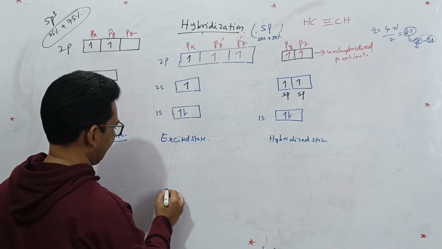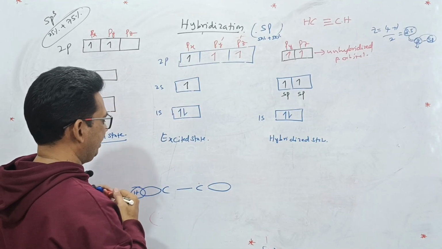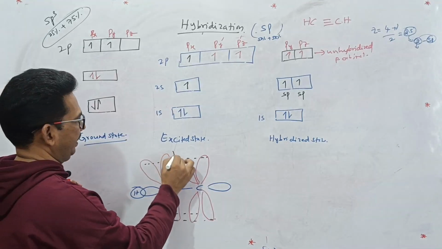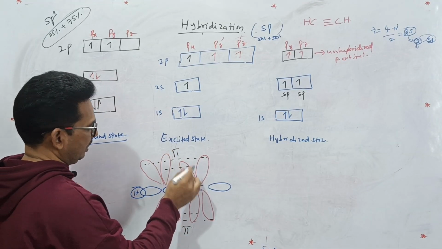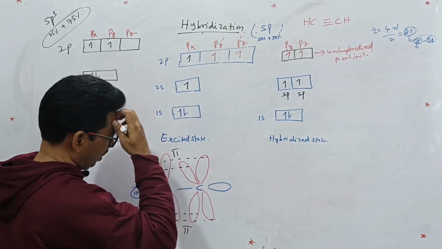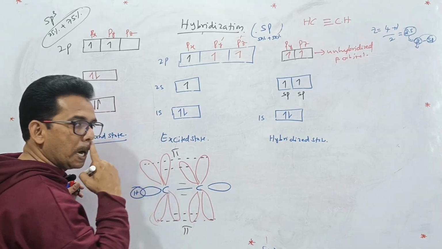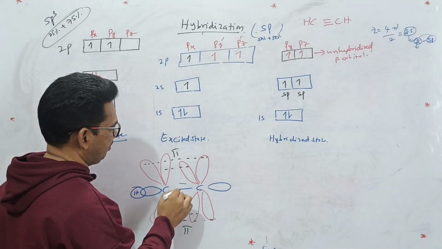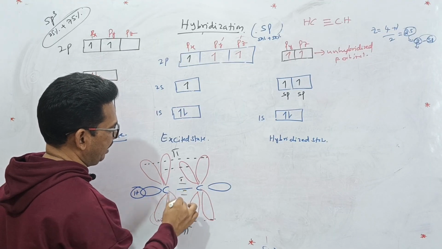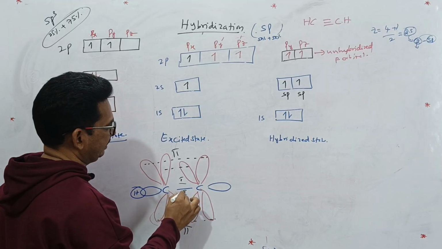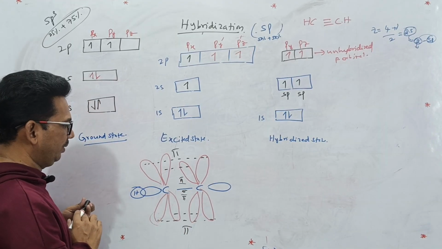Sp means what example did I give? Unhybridized orbitals, how many? 2. P orbitals overlapping, side to side overlap. Upper side is 2 halves, downside is 2 halves. Total how many? 2 pi bonds and 1 sigma bond. That's why it is a triple bonded molecule.